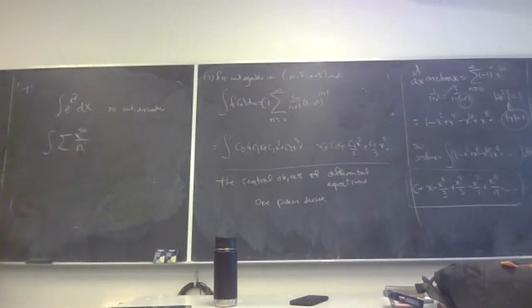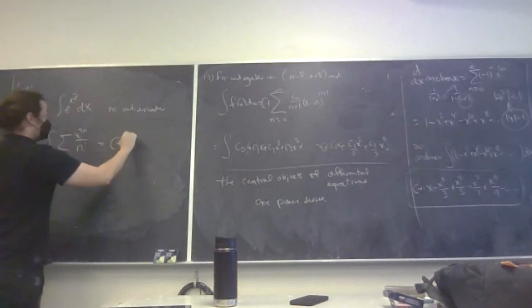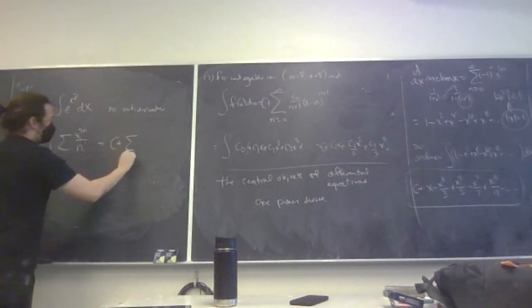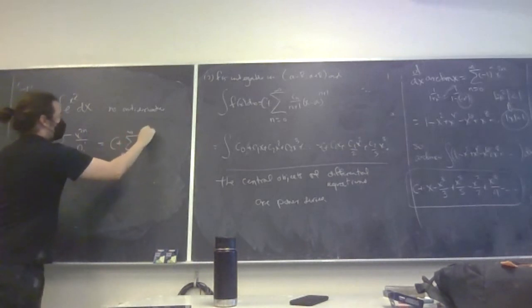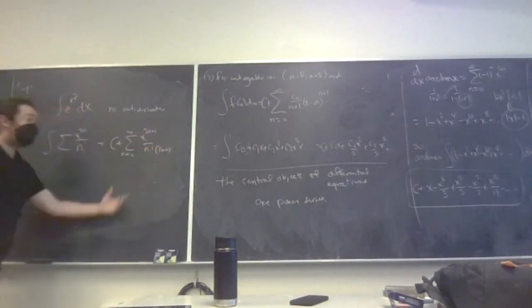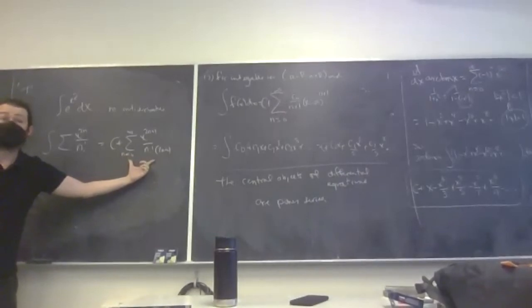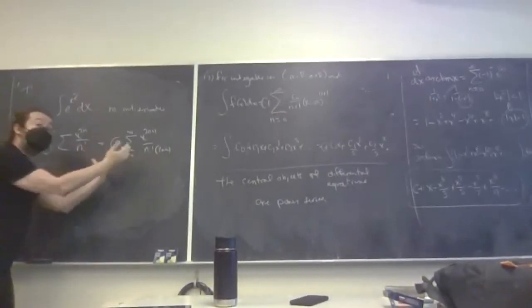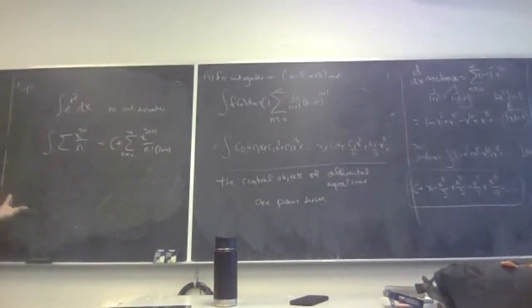That's the power series for e to the x squared. But you can integrate this because the same rules apply. So the integral here is c plus the sum from n equals 0 to infinity of x to the 2n plus 1 over n factorial times 2n plus 1. Now, there's no function that has this power series that I can write down, but the power series is a function. This is the answer to this.